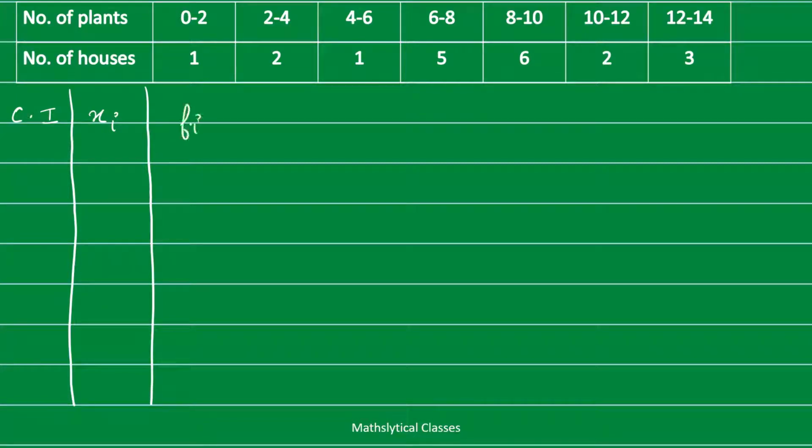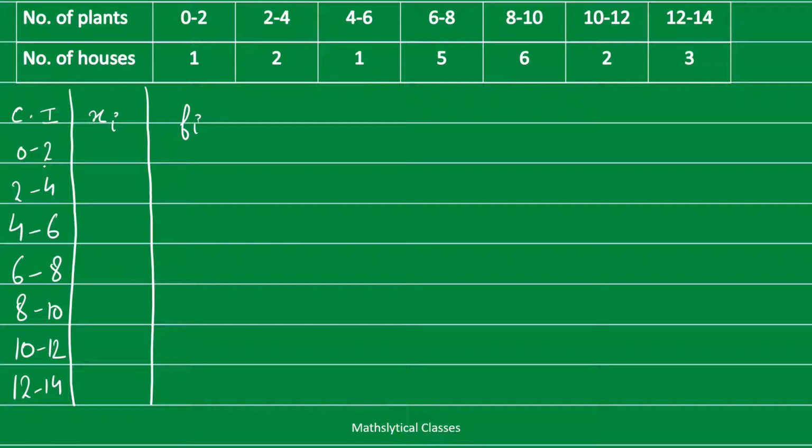Let's write down the class intervals: 0 to 2, 2 to 4, 4 to 6, 6 to 8, then 8 to 10, then 10 to 12, then 12 to 14. So xi will be the midpoint of these class intervals: lower limit plus upper limit divided by 2.